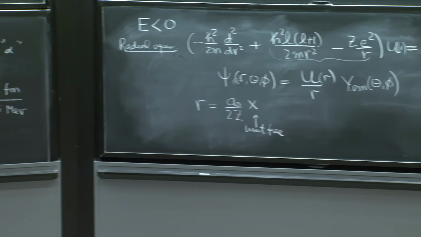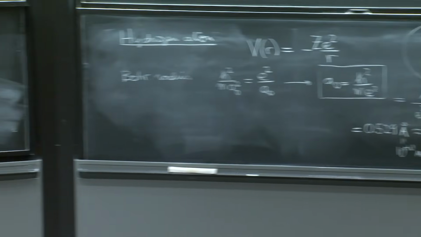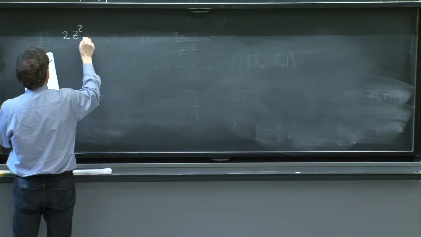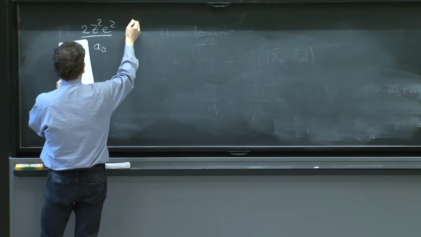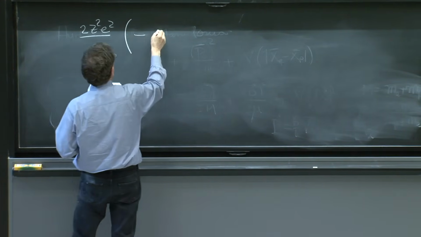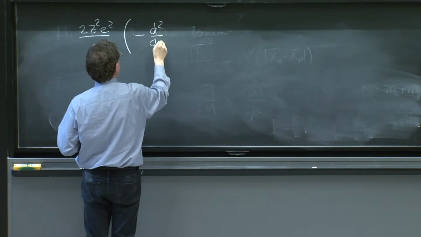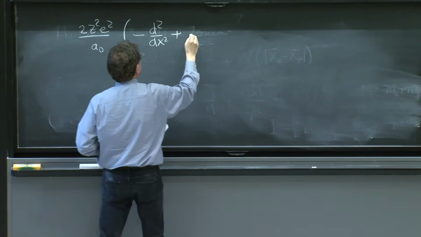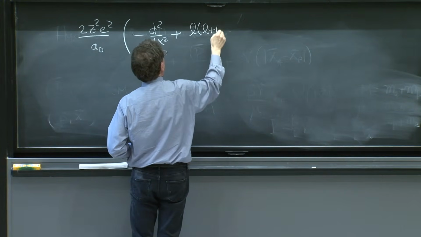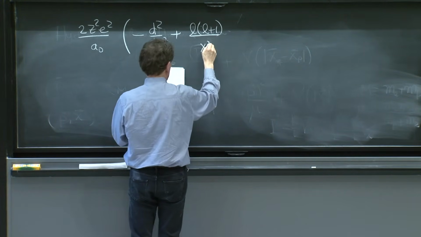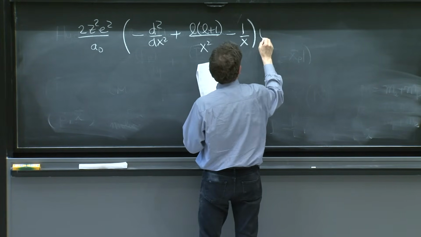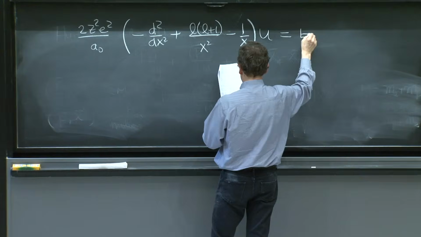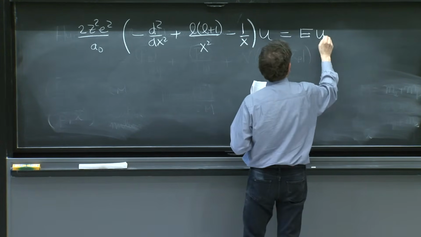The claim is that we get 2z squared e squared over a0 multiplying minus d second dx squared plus L times L plus 1 over x squared minus 1 over x times u equals E times u.